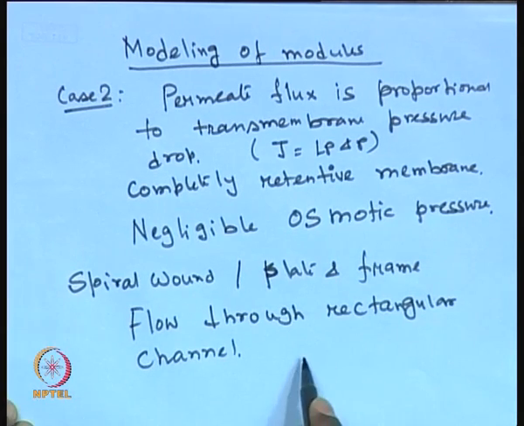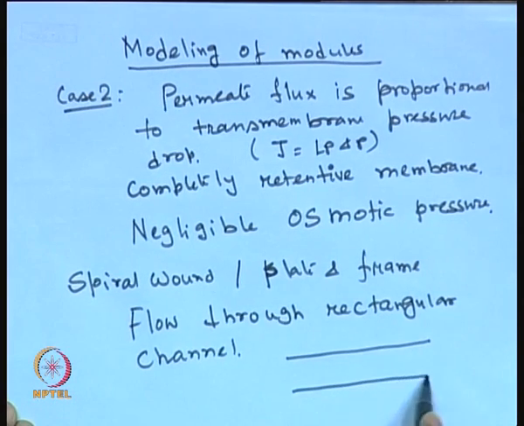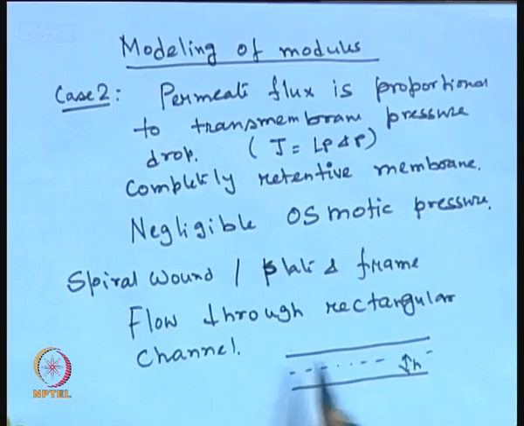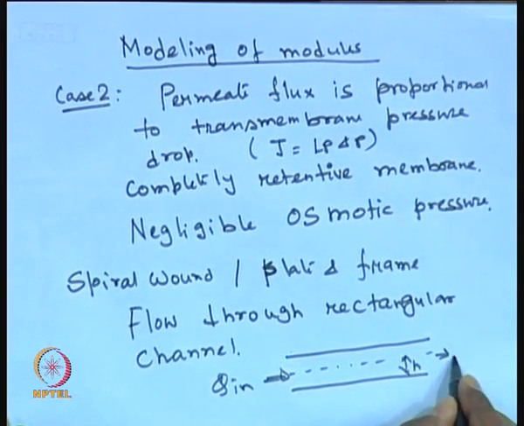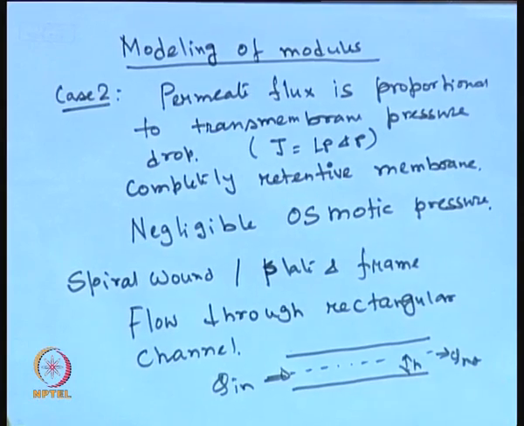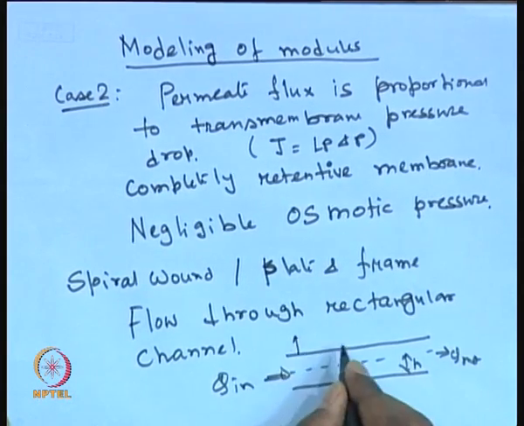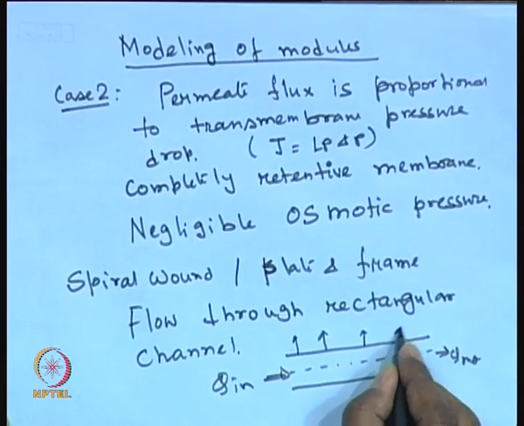Now, the geometry remains the same. It is basically two channels, and H is the middle of the channel, this is Q in, the material going into the system, Q out, the material that is going out of the system, and you will have the presence of the membrane.